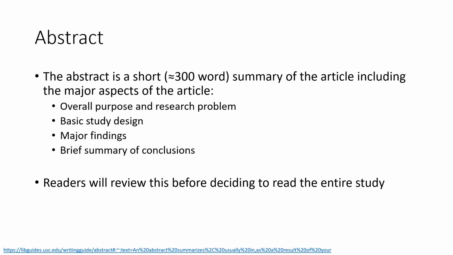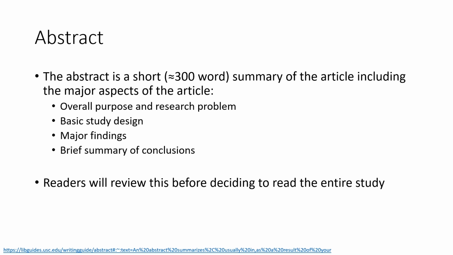So the abstract is a short, about 300-ish words, summary of the article that should include the major aspects of the article. So this includes the overall purpose and research problem, the basic study design, any major findings, and a brief summary of the conclusion. This is really brief.